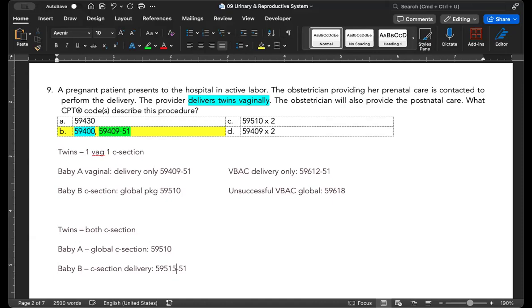But from a testing or from a real world perspective, at least, twin C-section, you would only code your global C-section for baby A. Clear as mud.